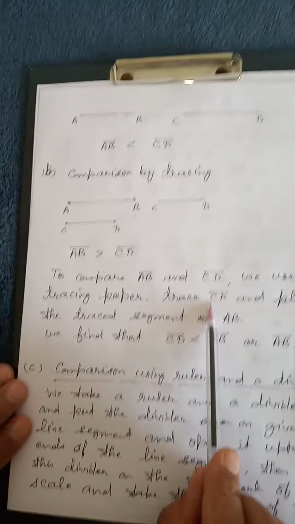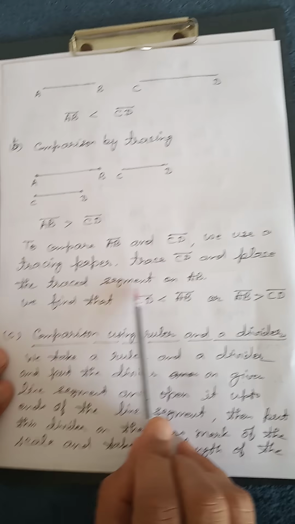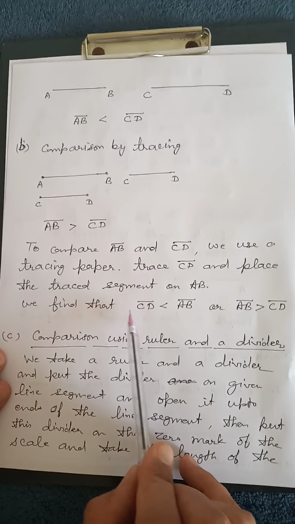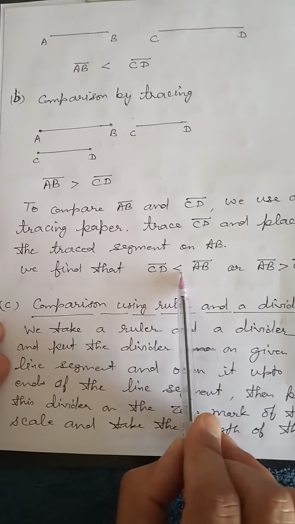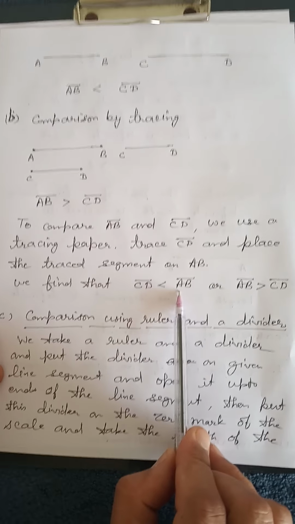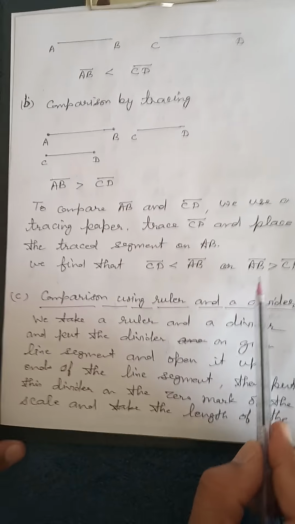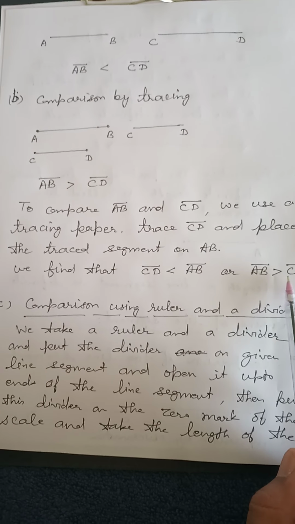Trace CD and place the traced segment on AB. We find that the length of CD is less than the length of line segment AB, or we can say length of line segment AB is greater than length of line segment CD.